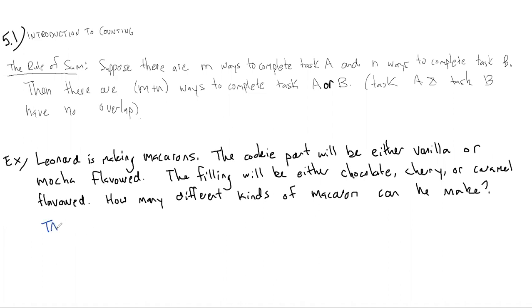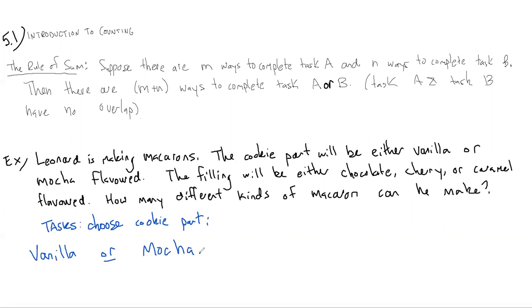So my tasks are going to be to choose the cookie part. And so the 2 tasks are going to be vanilla or mocha. And so again, there's that word or between them.